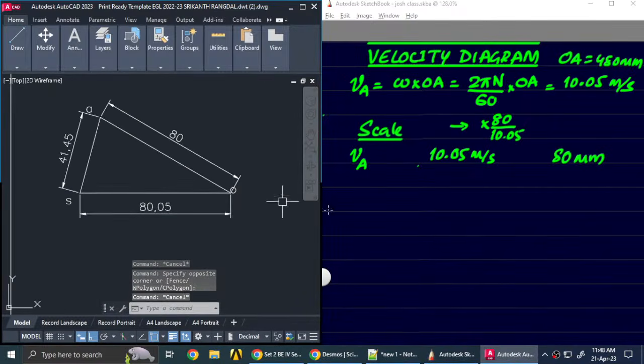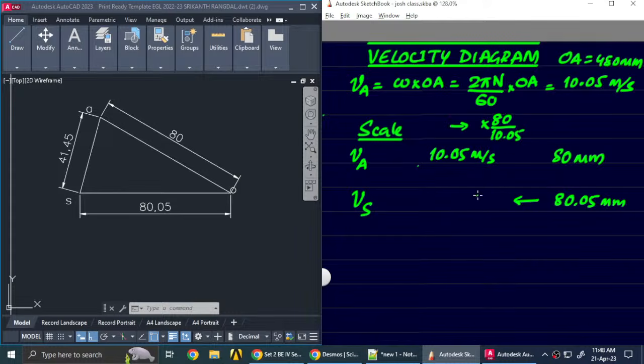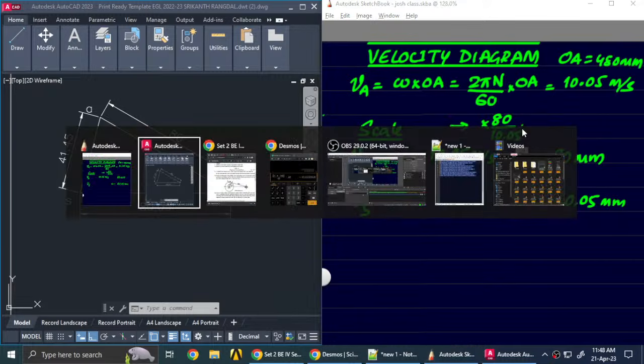Alright, so next, suppose we need the velocity of the slider. We're getting the value over here as 18.05 mm, and now we need to convert it back from right to left, so we have to divide this value instead of multiplying it.